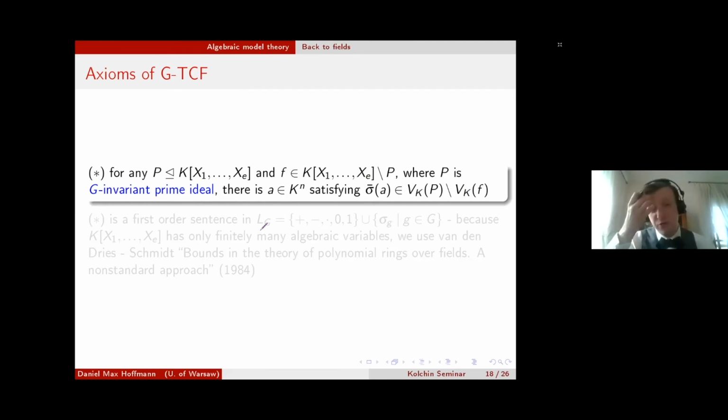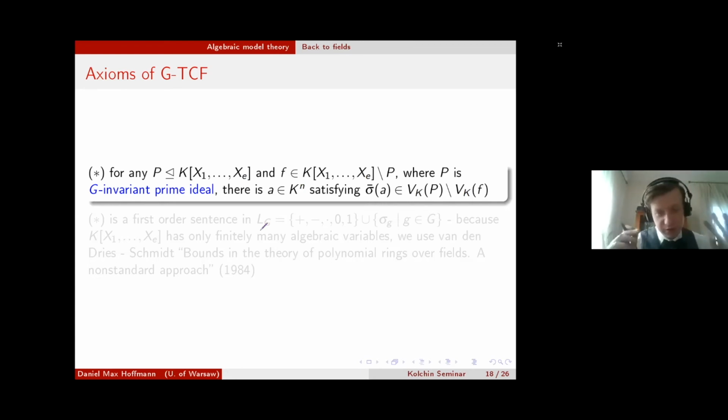There are two things you need to check. You need to check that this ideal is prime, and that after moving by sigma, so permuting the variables and acting by sigma_j's on the coefficients, it stays the same.